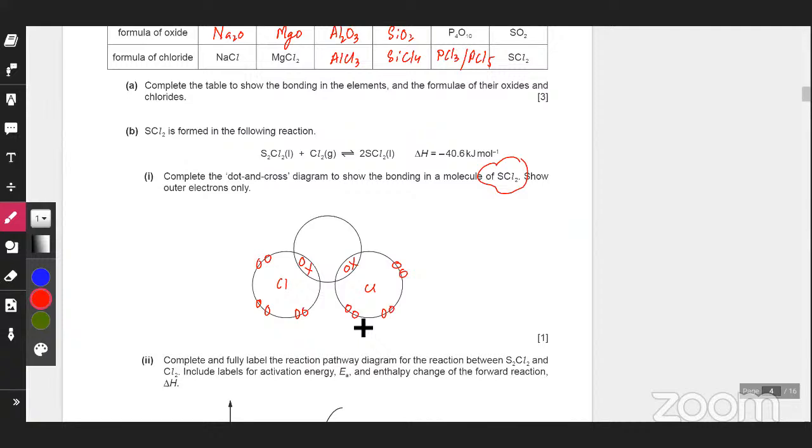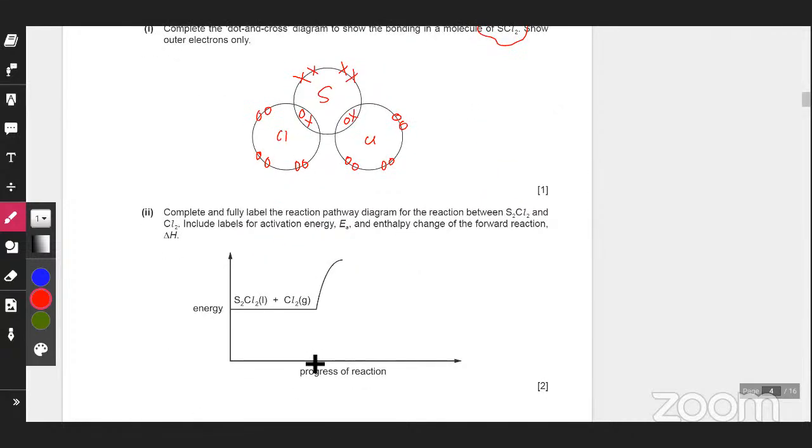Sulfur is in group 6, so it had 6 electrons. 2 are bonded now. These should be in crosses. So that's your sulfur.